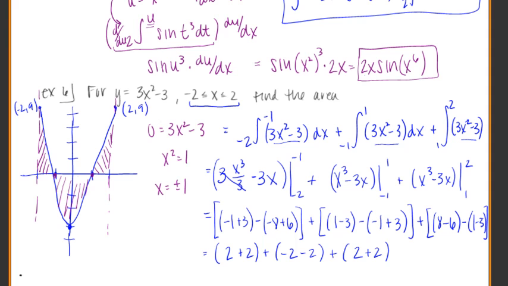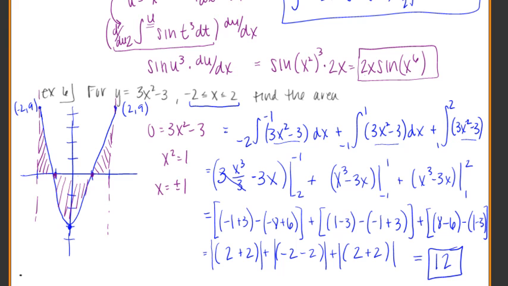To wrap this up, the formula says to find the total area I take the absolute value of whatever comes out of these regions. The absolute value of 2 plus 2 is 4, of negative 4 is another 4, so 4 plus 4 plus 4 gives an overall total area of 12.